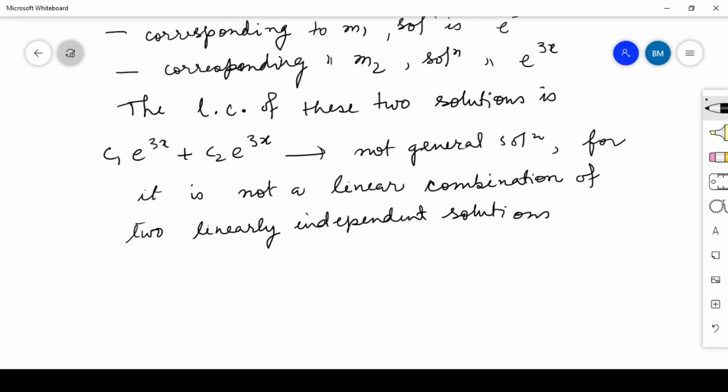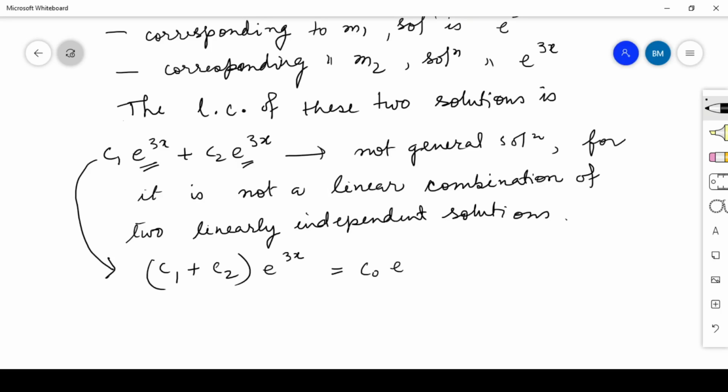Indeed, we may write this solution in this form, because e to the power 3x is there in both terms. So I can write it as (C1 plus C2) e to the power 3x, and if I call C1 plus C2 as C naught, because C1 and C2 are two arbitrary constants, their sum is also an arbitrary constant.